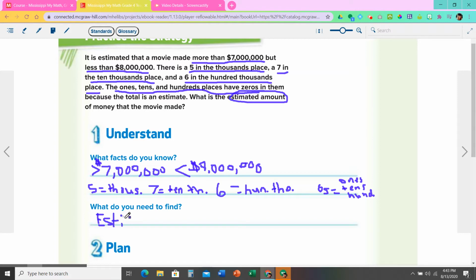Estimated amount of money. Sorry, I'm going to abbreviate so I can get through this. The movie made.